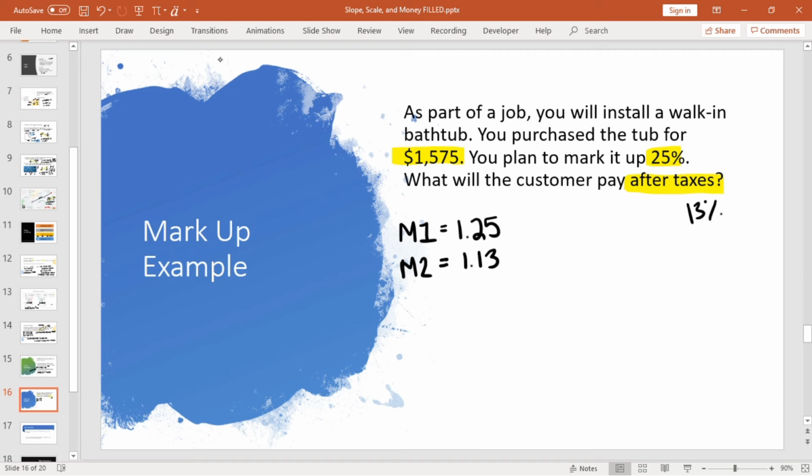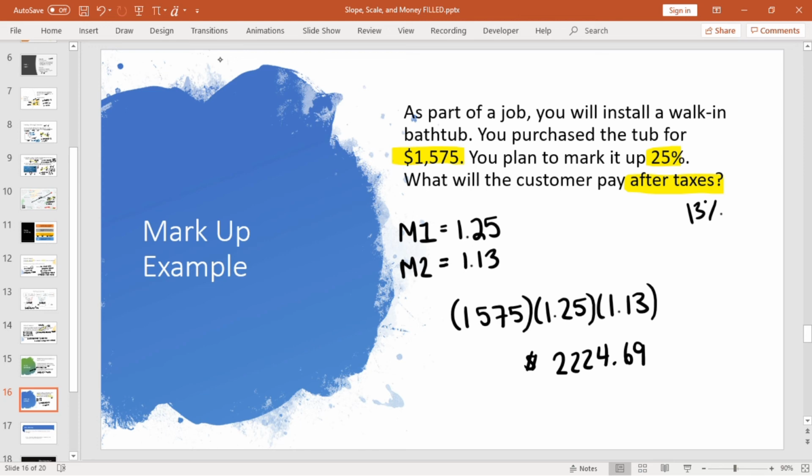So if I want to figure this out, I don't have to do it in steps. I can just simply take my original price and apply one markup and apply the second markup. And that's going to tell me that we get 224.69.